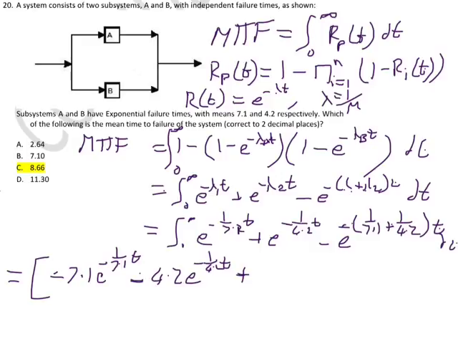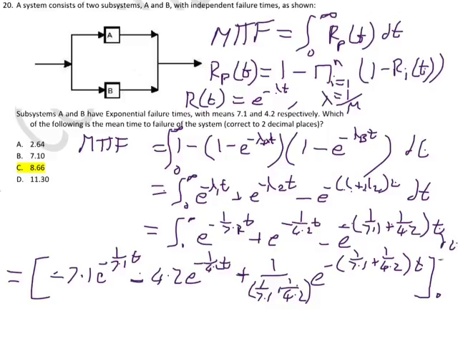Putting a fraction down the bottom, I'm just flipping it over. Plus, let's see, 1 over that whole thing, 1 on 7.1 plus 1 on 4.2, times e to the minus (1 on 7.1 plus 1 on 4.2) t. And that's from 0 to infinity.